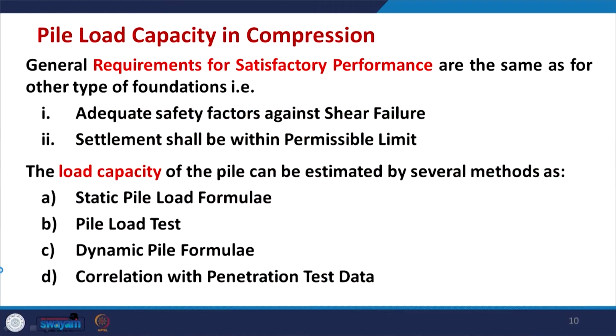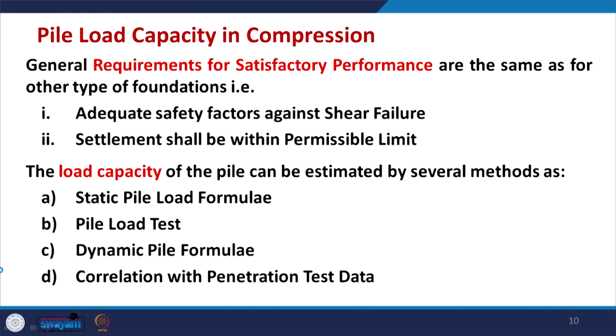For any foundation, shallow foundation, pile foundation, well foundation, machine foundation, whatever type you may have, you always need to satisfy at least two basic criteria. One is that it should provide an adequate safety factor against shear failure. Then settlement shall be within permissible limit.